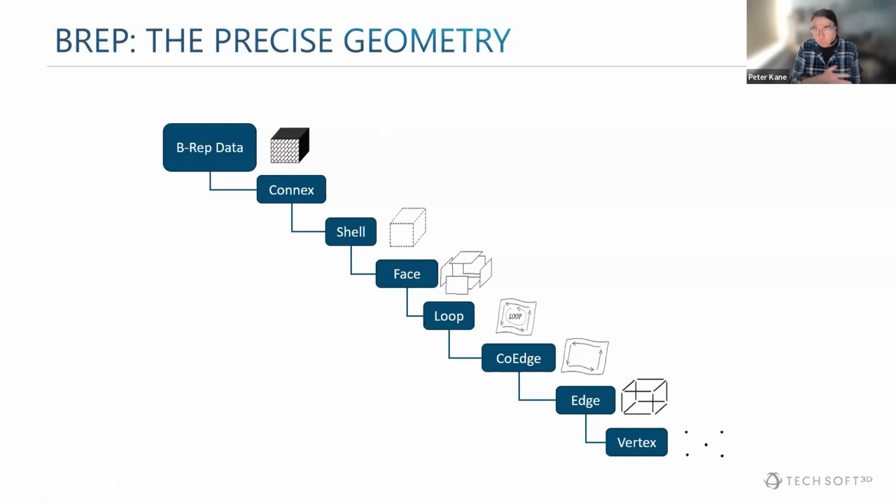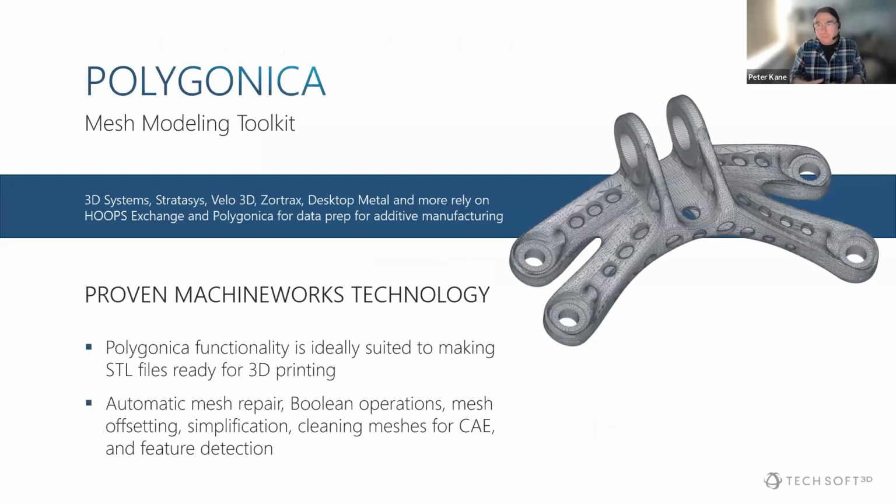Typically, for workflows, a user will be interacting with the faces. If it's a CAE workflow, you might be putting boundary conditions on the face. Sometimes, therefore, this is a type of data that you want to preserve when you have a workflow that involves both Exchange and Polygonica. Now, to hand over to Rich at this point, he's going to go into a bit more detail about Polygonica and the Polygonica bridge.